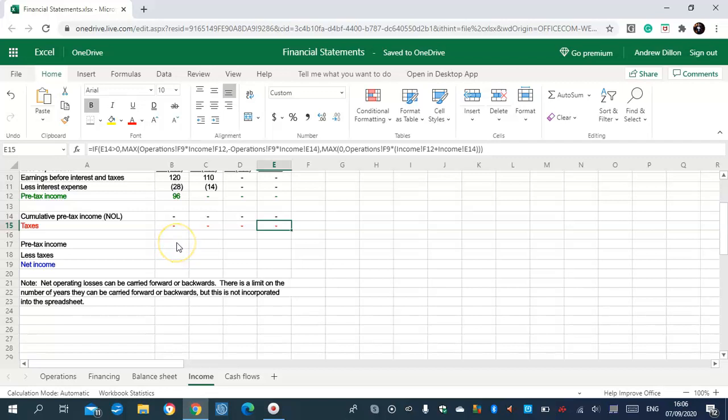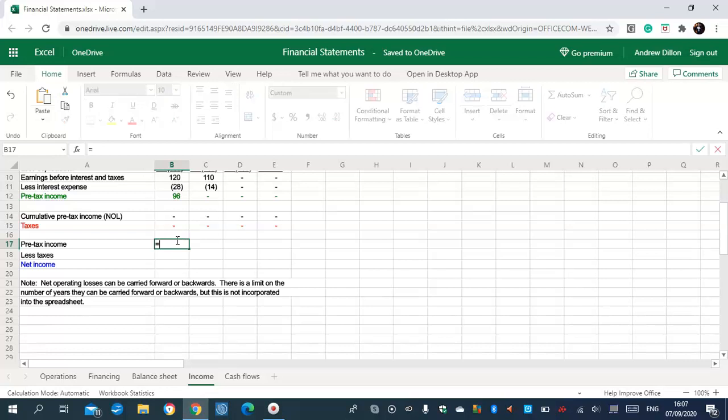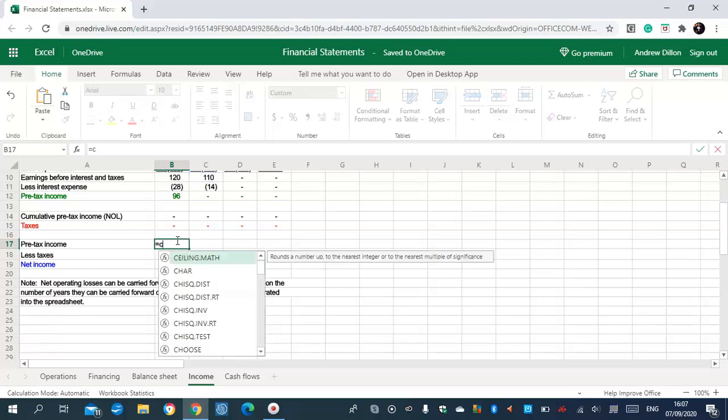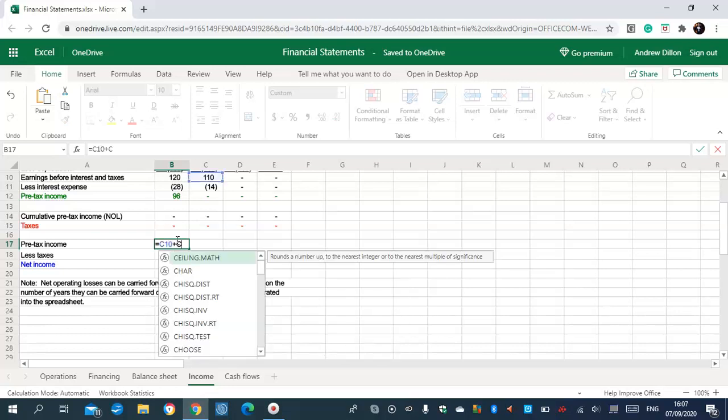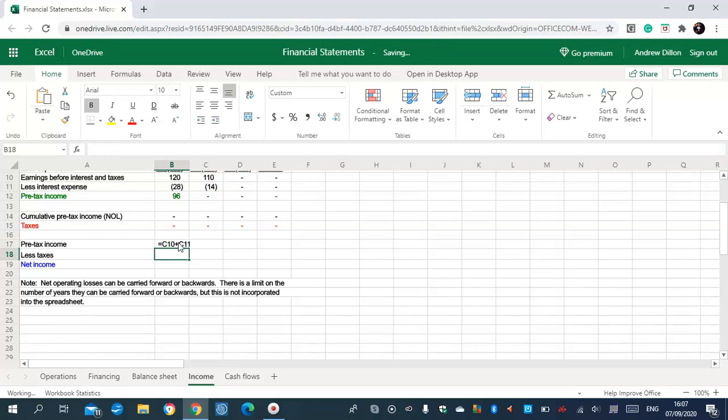Okay, let's move on and do pre-tax income once again. Okay, less taxes.